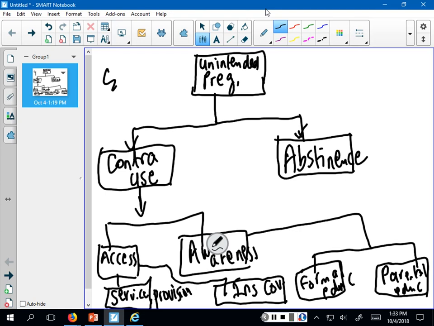And then those indirect contributing factors at the bottom of the chart are community specific. So in some communities there are many clinics that provide family planning services. In some communities service availability is limited. Insurance coverage cost can vary from one community to the other.